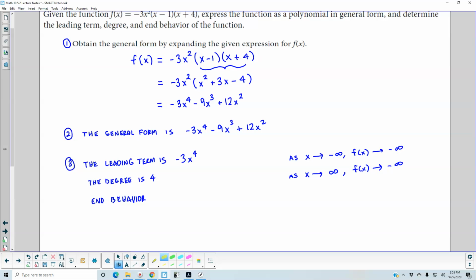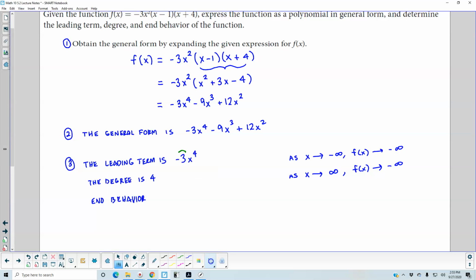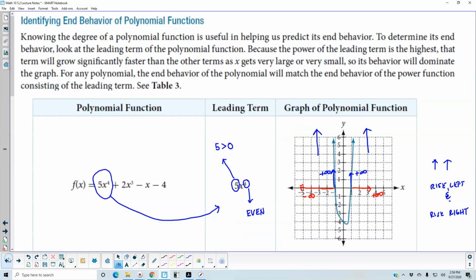Well, what we're going to do is take a look at, first of all, the coefficient, which we see is negative, which means negative 3 is less than 0, and the degree is even. Okay, so let's go back to that chart because you want to reference that on your notes.